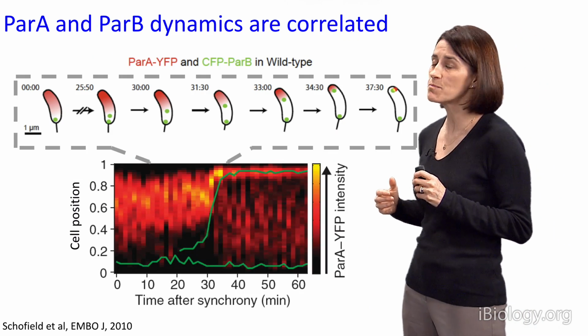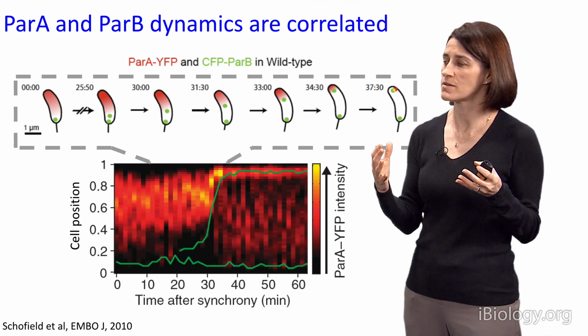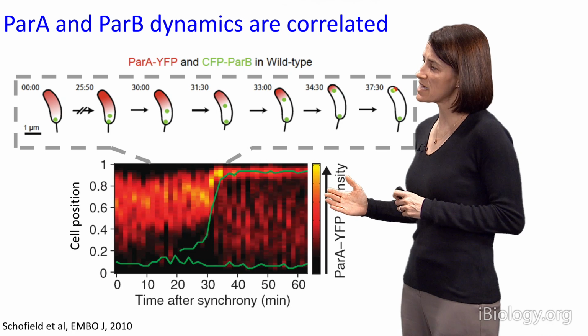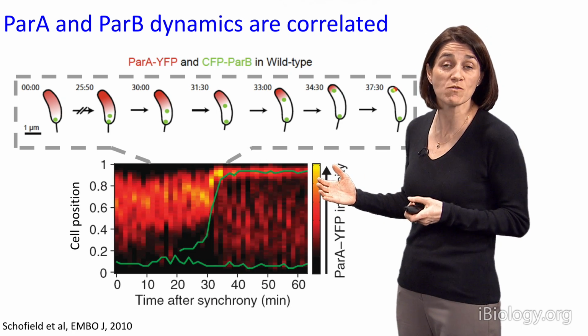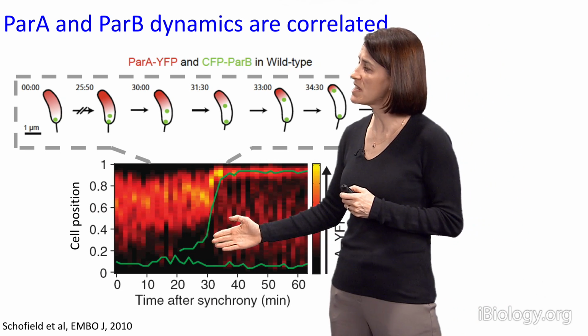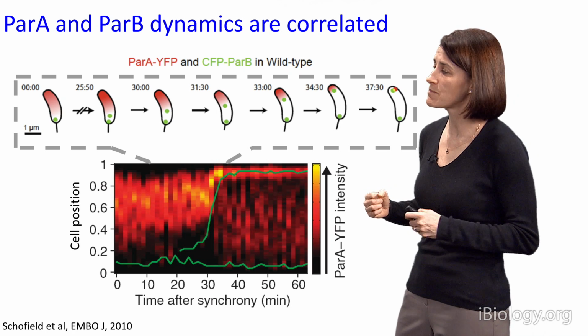What we can also do is visualize both ParB and ParA in the same cell. We can do this by tagging them with fluorescent proteins of different colors. This is what we did in this experiment. So what you are seeing is ParA in red, and you also see in green the trace of the partition complex, which is rich in ParB.